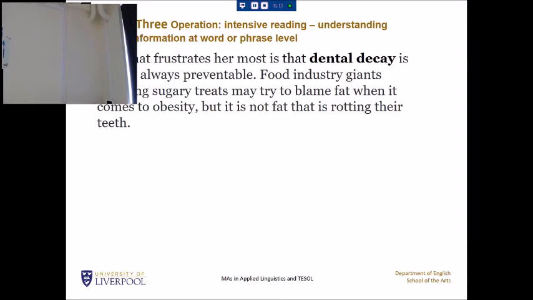So peddling is selling or advertising. You might try and use this word as well.